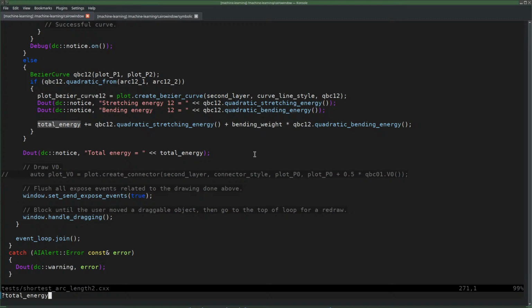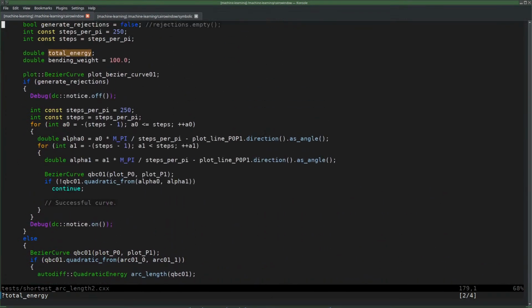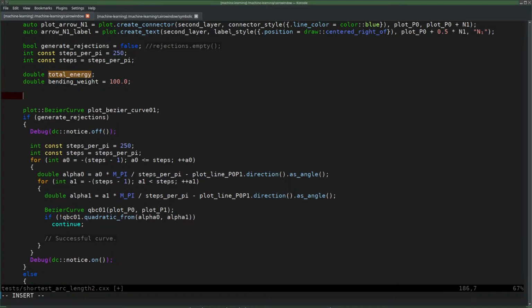Energy. The bending weight, probably a constant. So we redefine this.